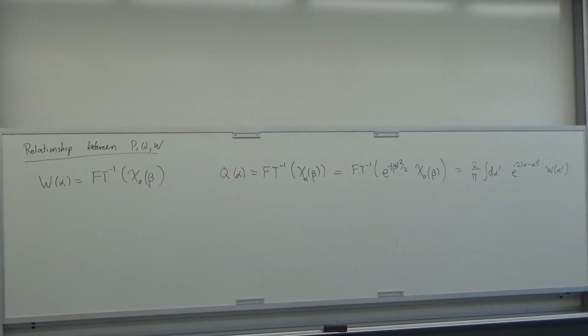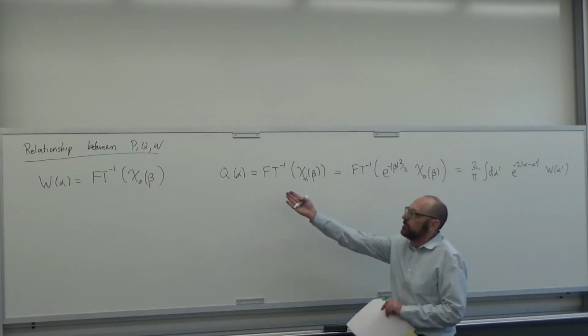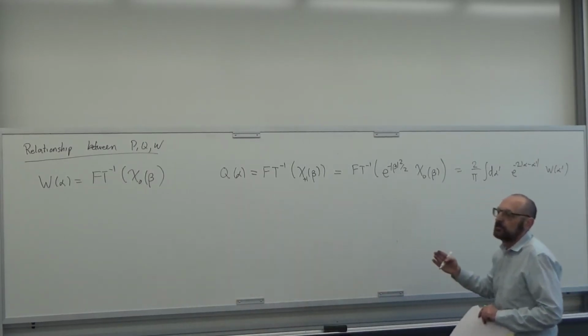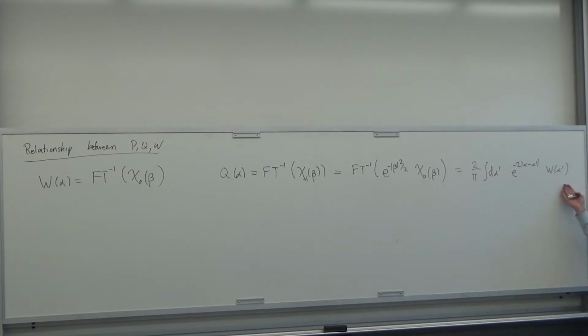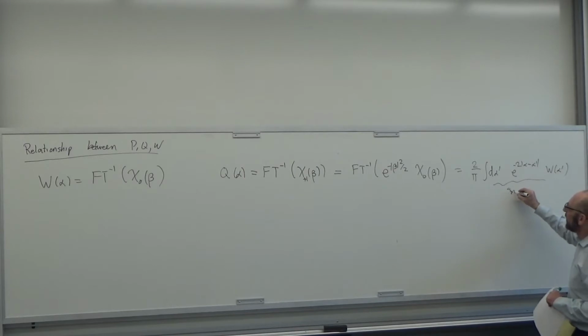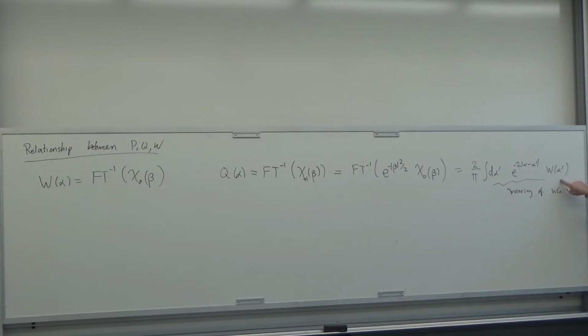So, what does that tell you about the relationship between the Q function and the Wigner function? Well, this is a kind of smearing out. I'm looking at every point in the Wigner function and I'm multiplying it by a Gaussian.